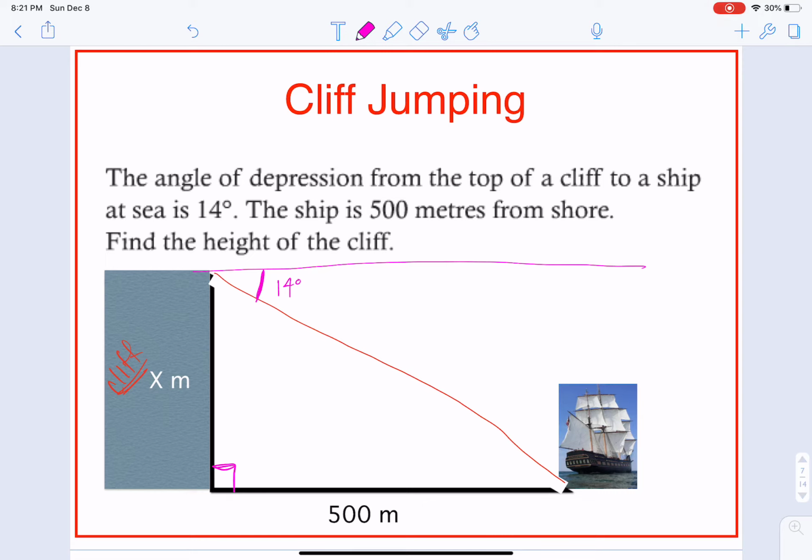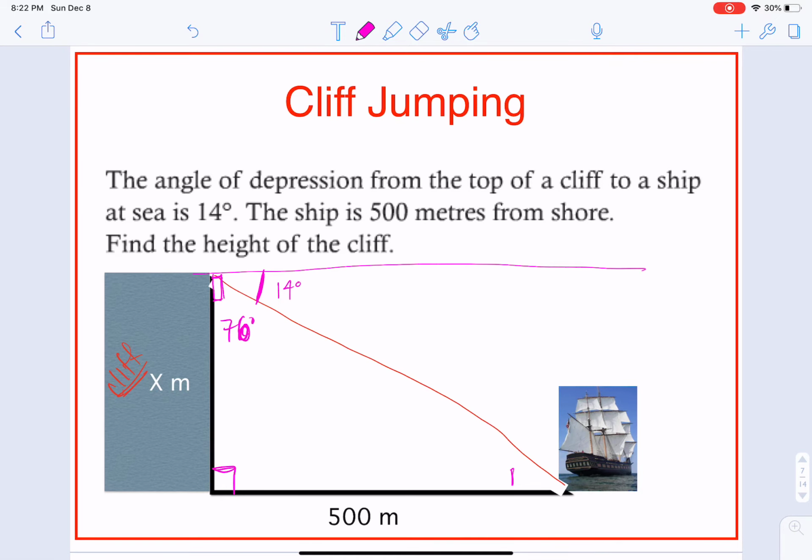If this is 14 degrees, I know that the other part of this angle here, if I were to add these two pieces together, this would also make a 90-degree angle. So I'm going to call this 76 degrees. And knowing what I know about triangles is that this becomes 14 degrees down here.